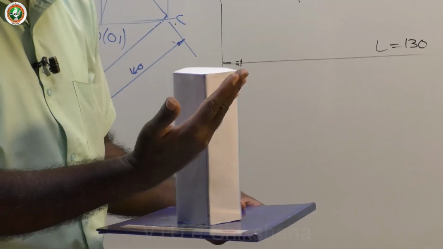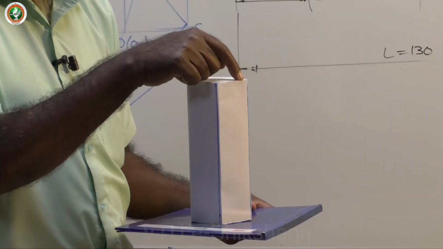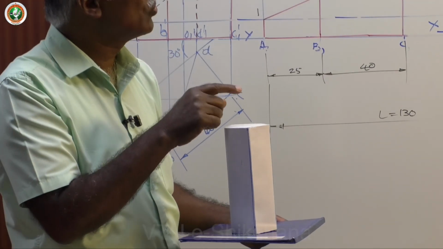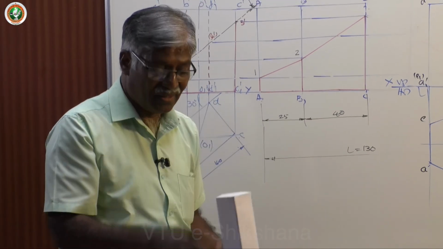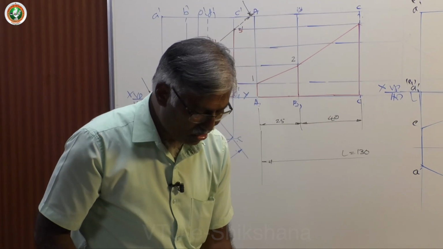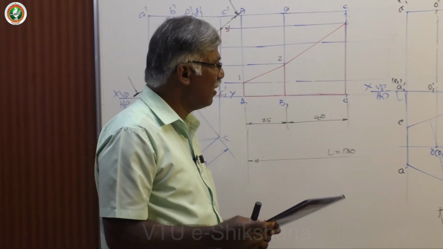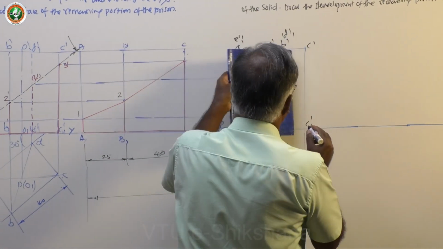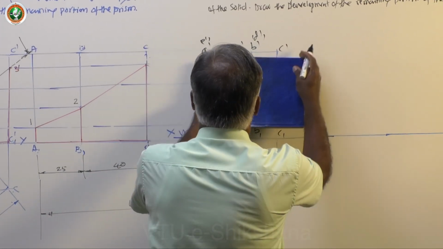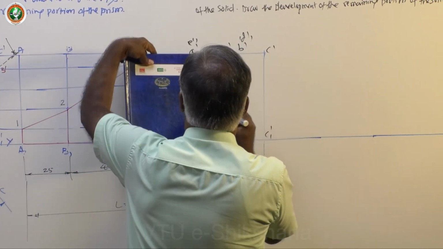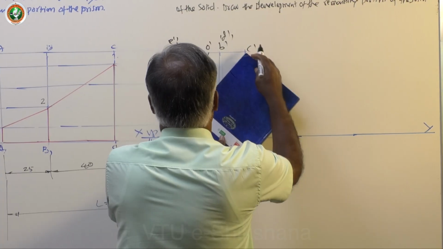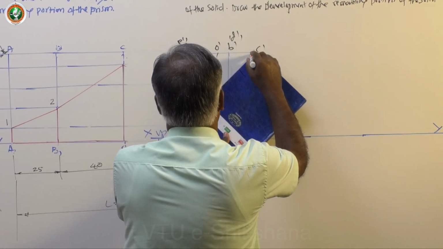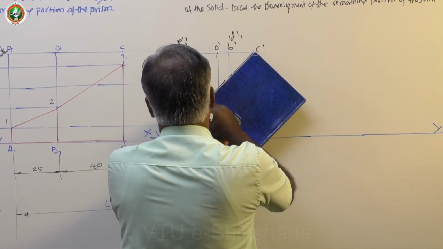You take the section plane passing through this. That's what he refers to, passing through the right top corner. Now let me draw a line inclined at 45 degree passing through that.